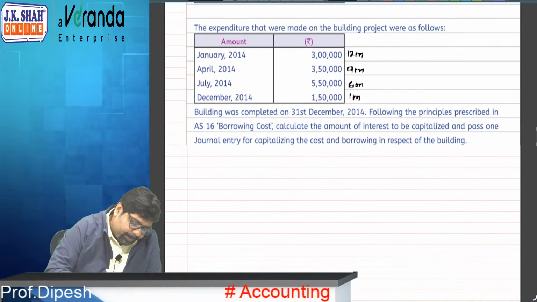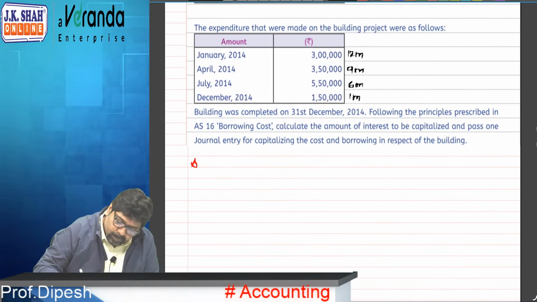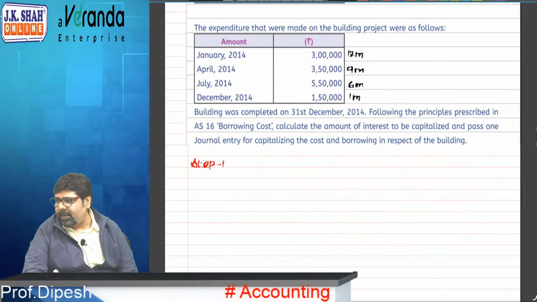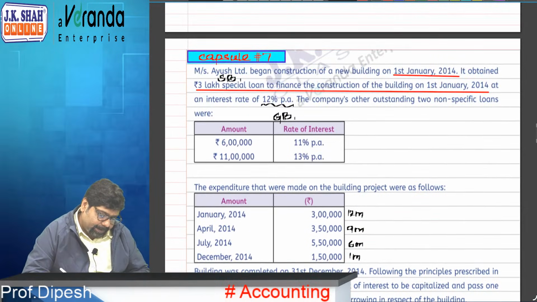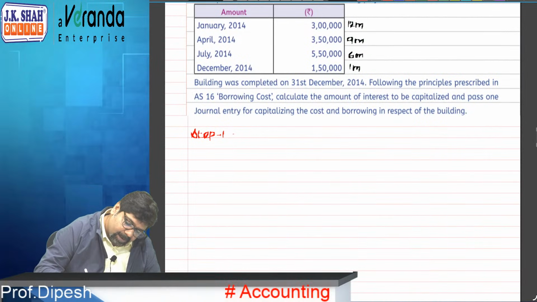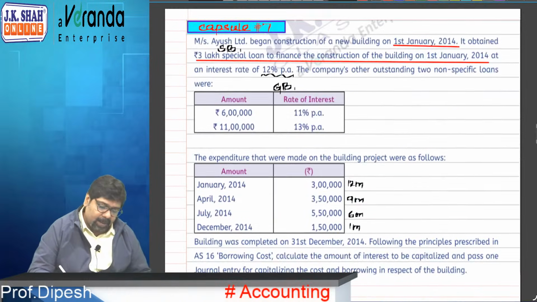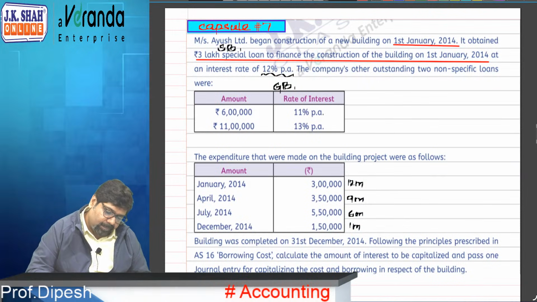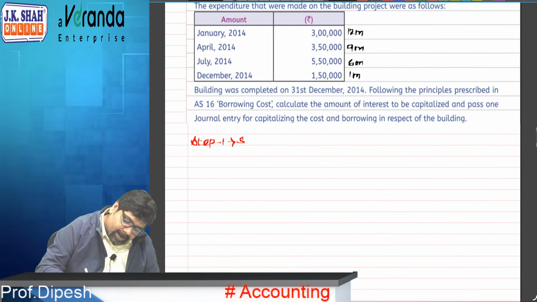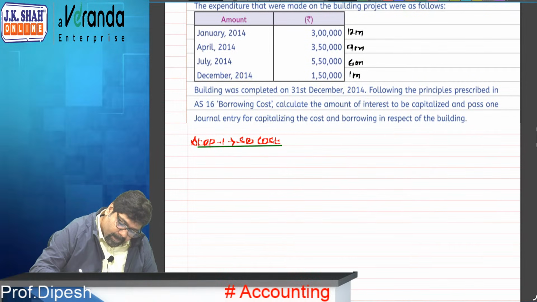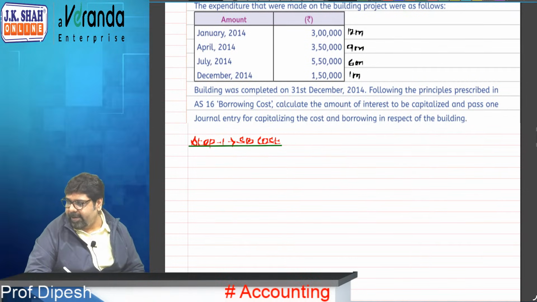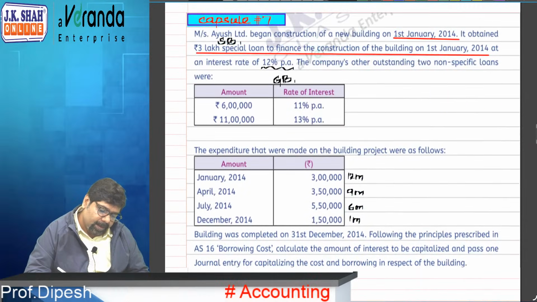Now, chartered. Step 1. Vishal, this is for you. Step 1: specific borrowing cost. How to calculate?